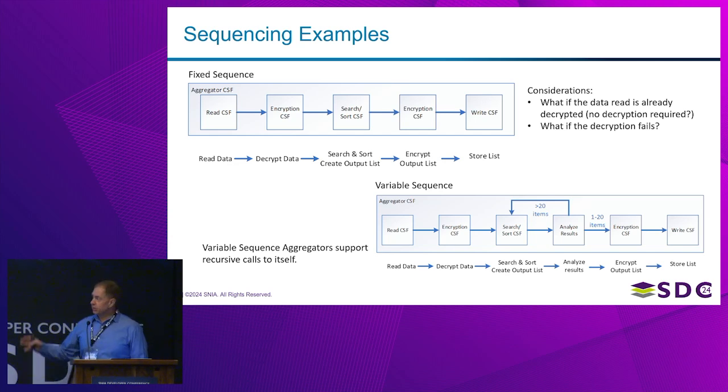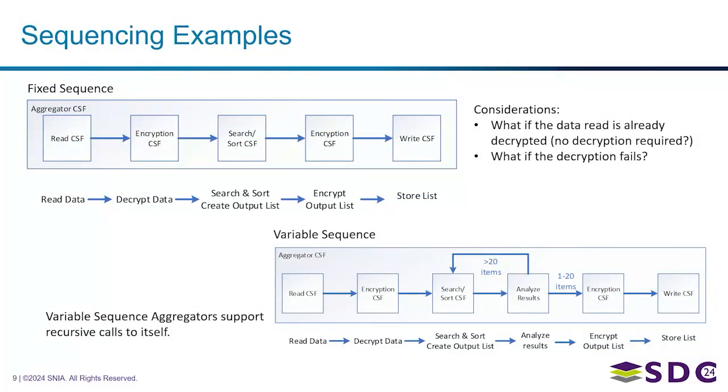A variable sequence is shown over on the lower right-hand side. I took a very similar example and adapted it just slightly. Instead of simply having the search and sort take the output list and encrypt it, I added in a new CSF that analyzes the results of that search. If the result is more than 20 items, then let's search again.